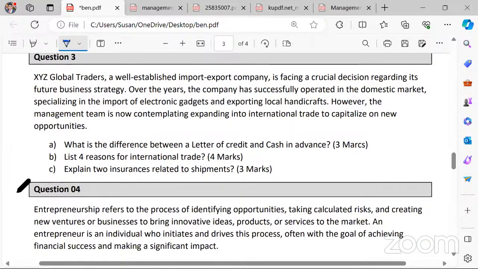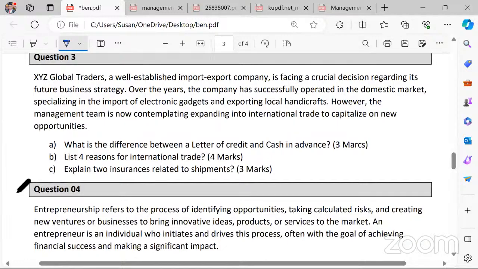Normally, consumers can consume overseas goods. Businesses can expand their businesses in other countries, increase the market, expand the market, right? To expand the market, we can use international trade, right?